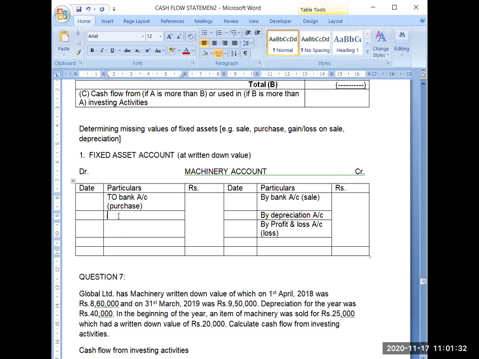And if you are having any profit or gain on sale of machinery, the entry will be to profit and loss account, or you can write to statement of profit and loss.